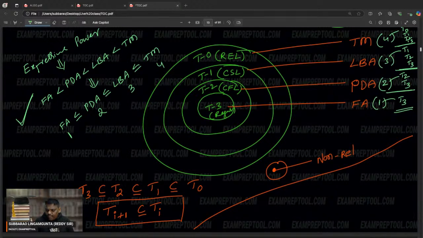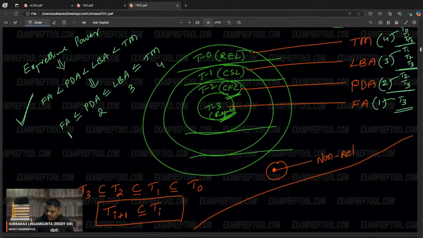Next, LBA can handle CSL, CFL, and regular. Because it is not there practically, we didn't discuss it in what we have done till now, but theoretically it is present.